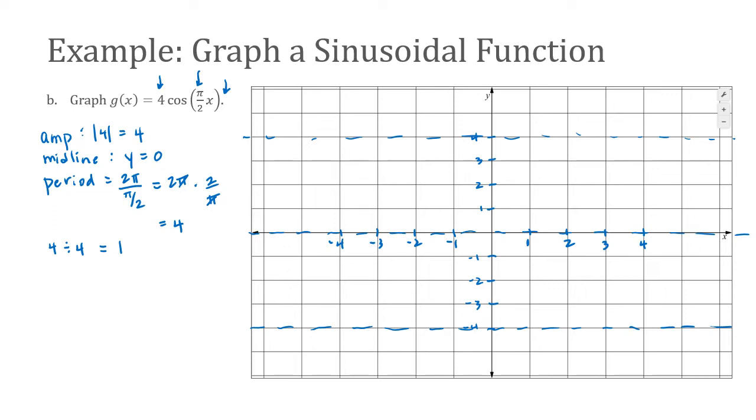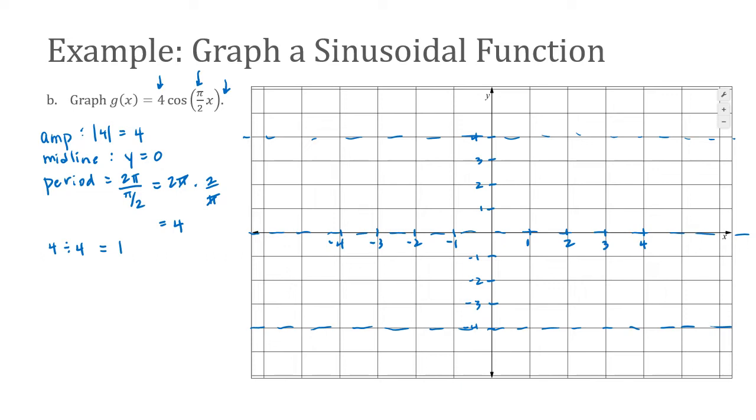The next step is to determine the parent function. Well, we have a cosine function, and so we have to think back, what are the characteristics of a cosine function? A cosine function at 0 hits its highest value. Now, if there was a horizontal reflection, then instead of hitting my highest value, I'd be hitting my lowest value.